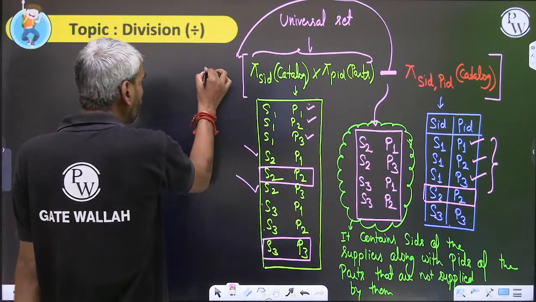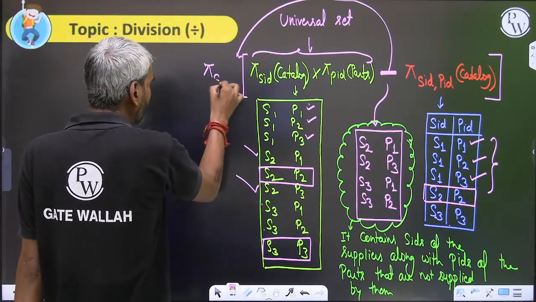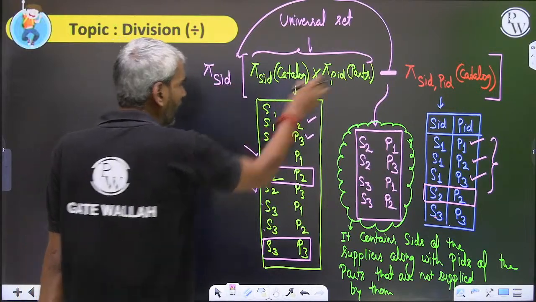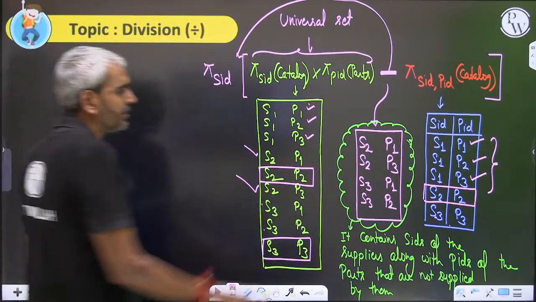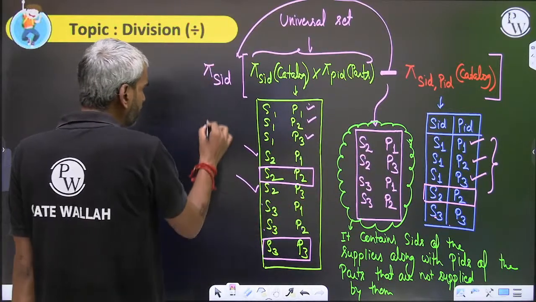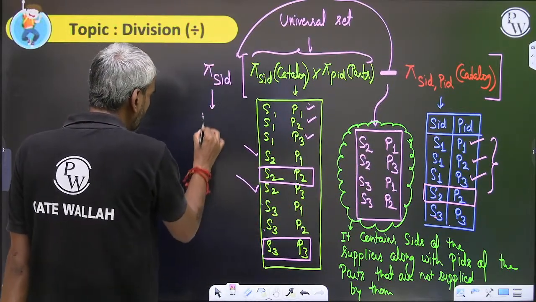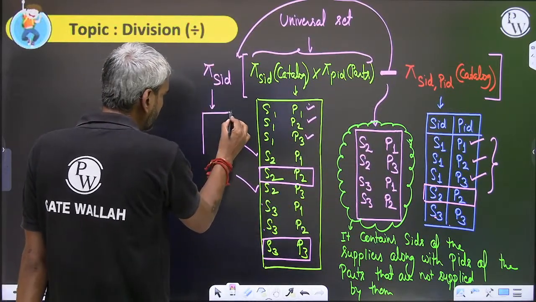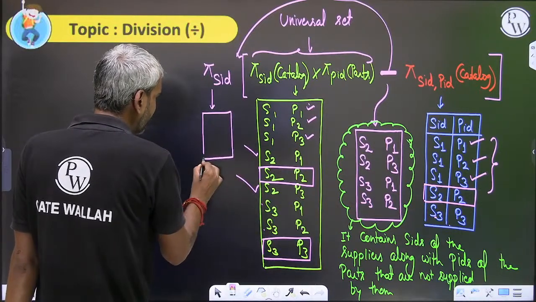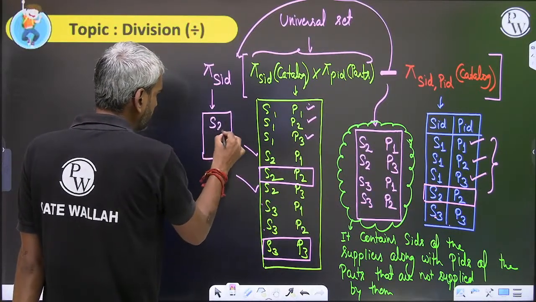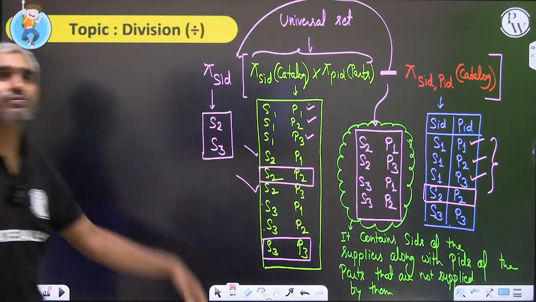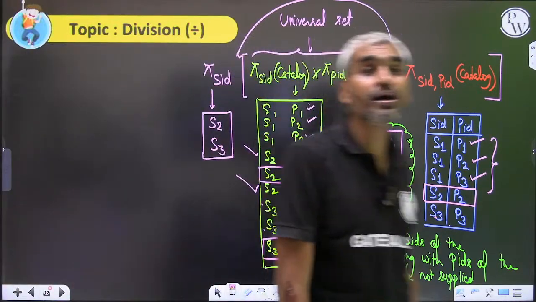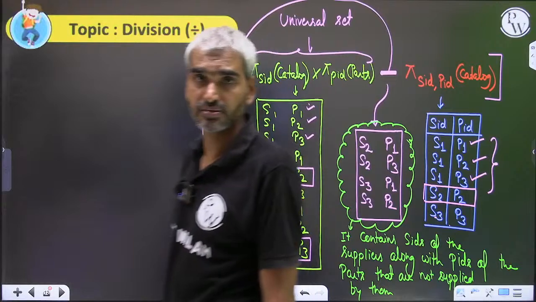If I project the SID from the output of this subtraction, then you will get two SIDs: S2 and S3. These are the SIDs of the suppliers who did not supply all parts, right?